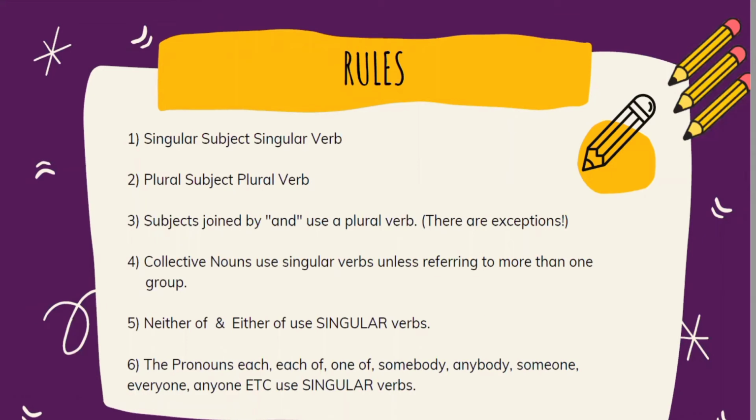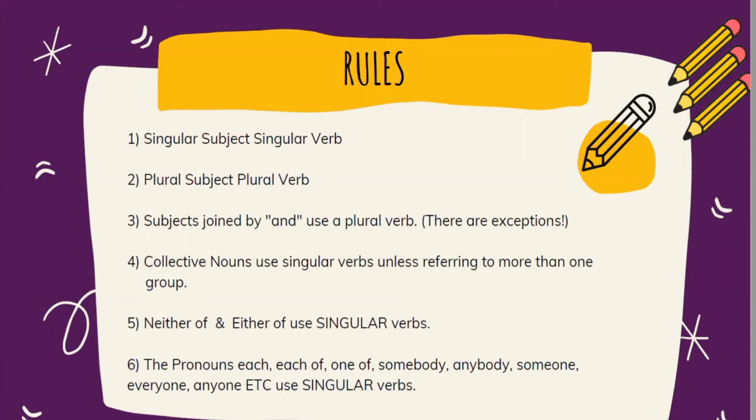Write them down. So the first, singular subject, singular verb. Plural subject, plural verb. Number 3, subjects joined by and use a plural verb, and there are exceptions that we'll be discussing as well. Collective nouns use singular verbs unless referring to more than one group.